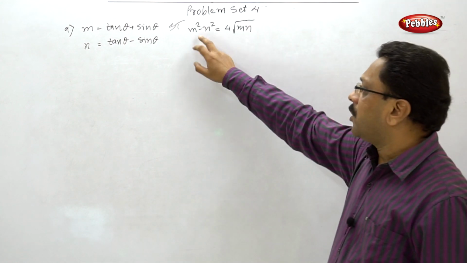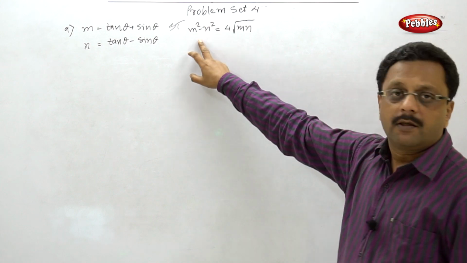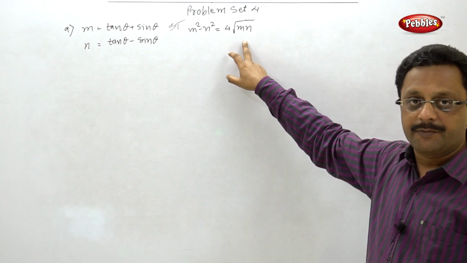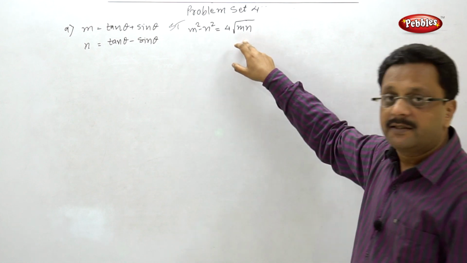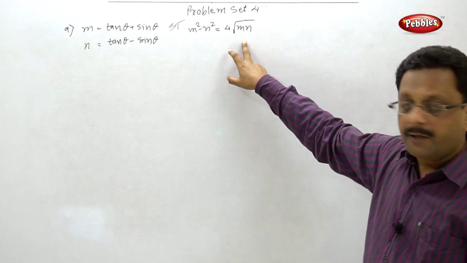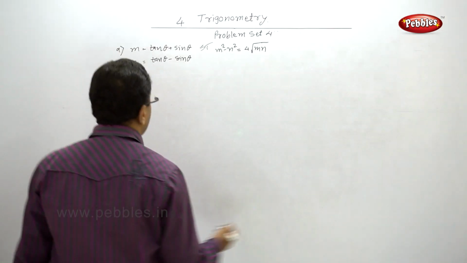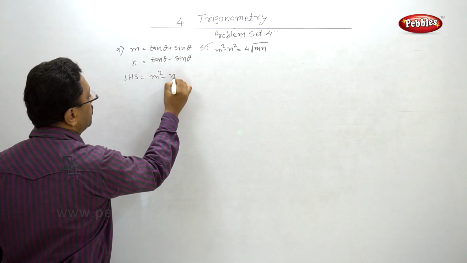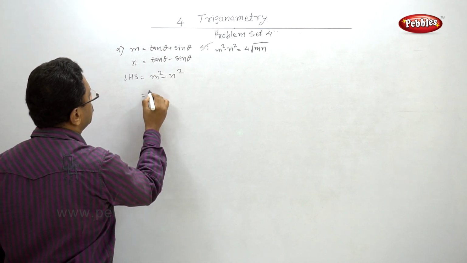Because even if you solve this, m square minus n square is m plus n, m minus n, and it is no way possible to come to the right hand side. So we will solve both the sides separately. My left hand side equals m square minus n square. Now I'll substitute.